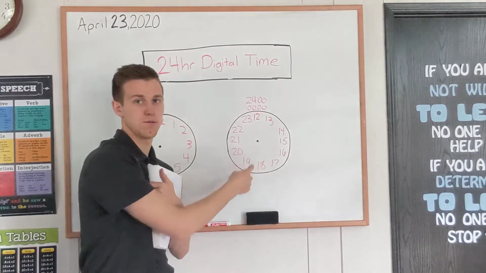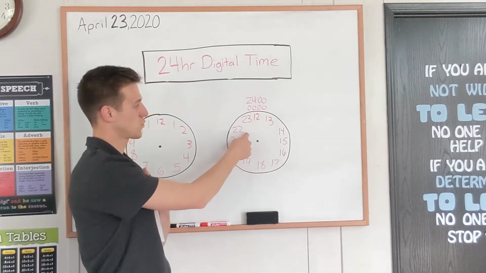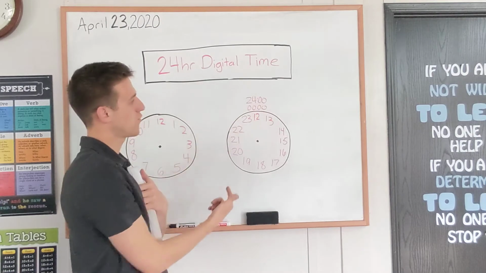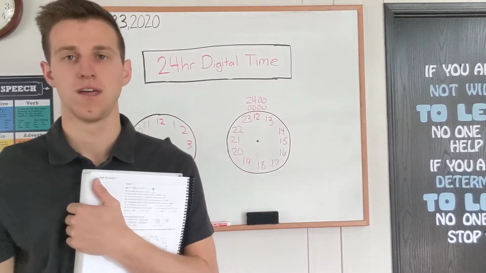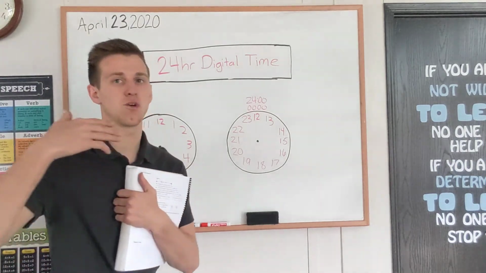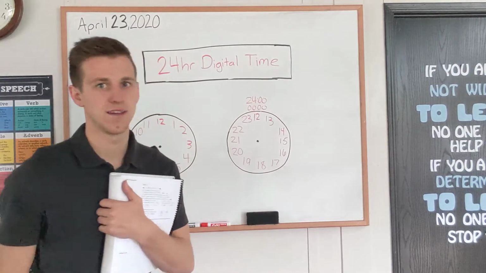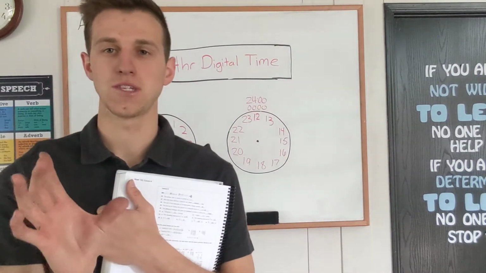So 18 o'clock would be like 6 o'clock in the evening. Then we go here to 19, 20, 21, 22, 23. And then 24 or 00 means midnight. Depends how you want to display your time, whether it's the end of the day or the beginning of the day. And you guys don't have to know that.